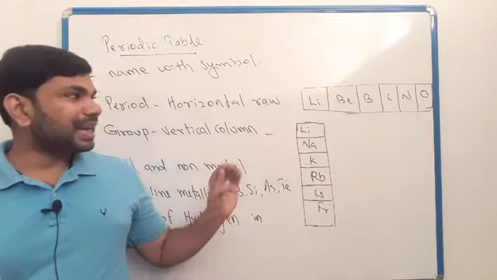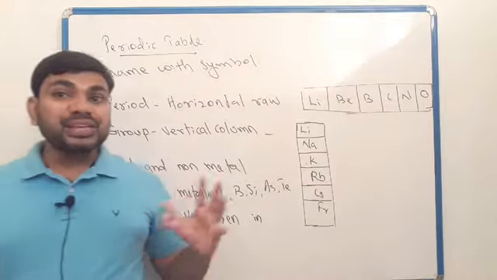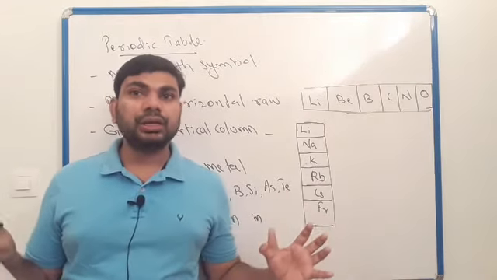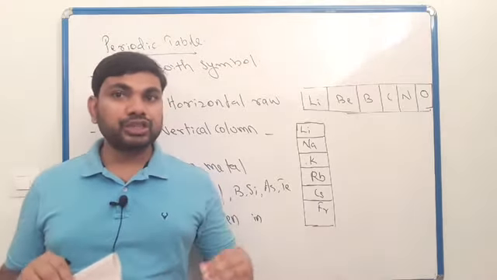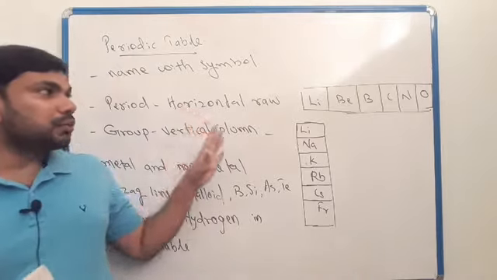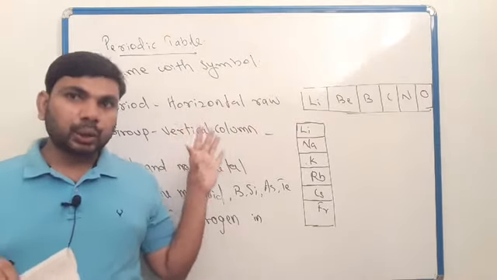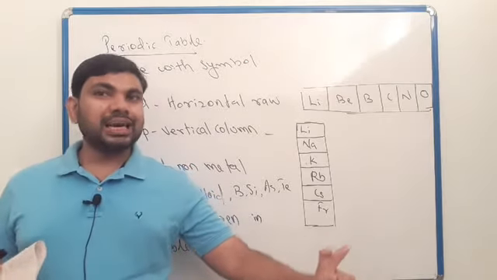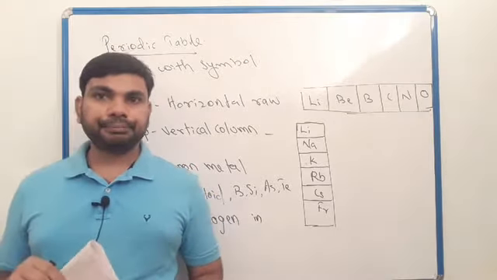That's why there is no fixed position for hydrogen in the periodic table. Hydrogen is actually a non-metal in gaseous state, but it is included with metals, because hydrogen shows both metallic and non-metallic character.